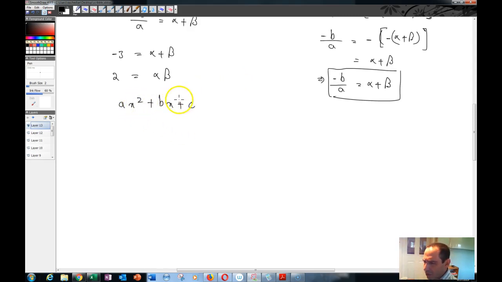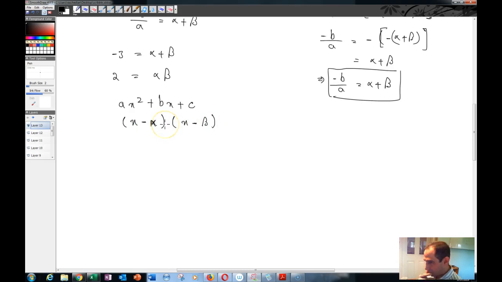I can write this polynomial in the form x minus alpha being one of my roots, times x minus beta being the other root.